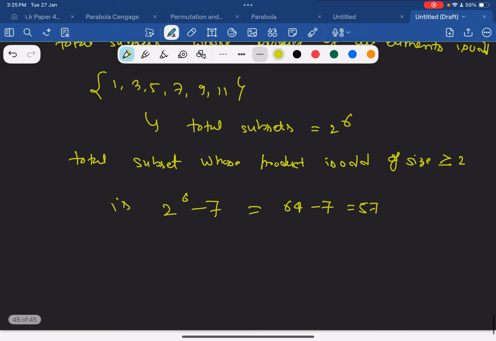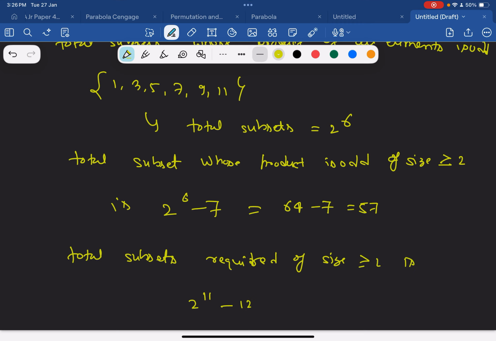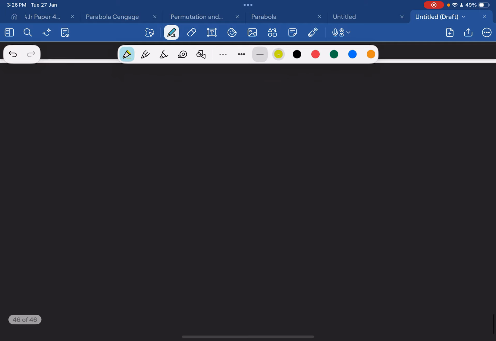So how much is required in total? This one minus 57. So the total subsets required of size greater than or equal to 2 is 2 raised to power 11 minus 12 minus 57.